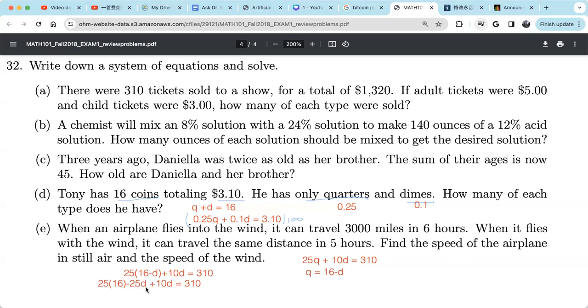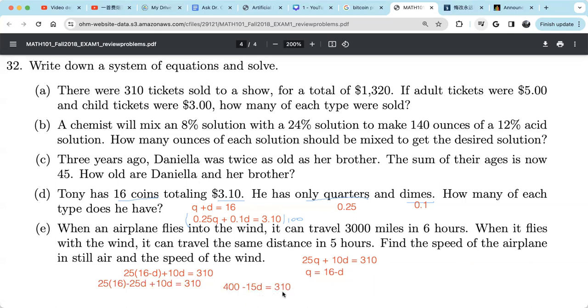So we have negative 25D plus 10D, that's negative 15D. We still keep 25 times 16. If you want to multiply out, that's actually easy, because 16 is 4 times 4. 25 times 4 is 100, 100 times 4 is 400. Or otherwise, you can keep it and simplify later. Then negative 25D plus 10D, that's negative 15D, equals 310.